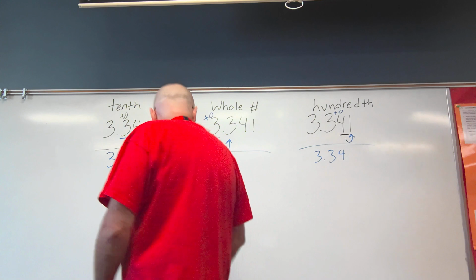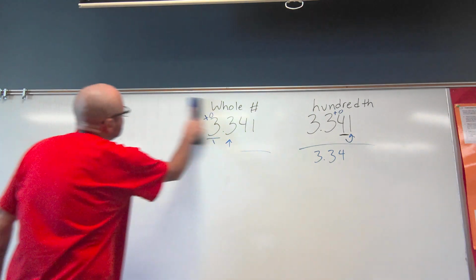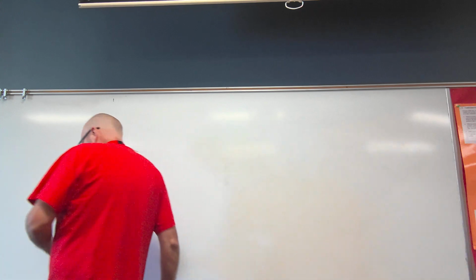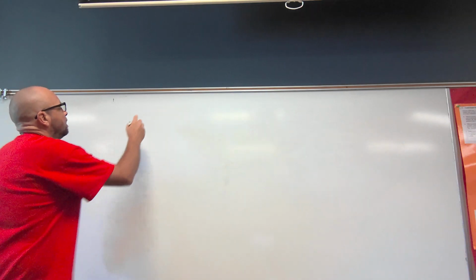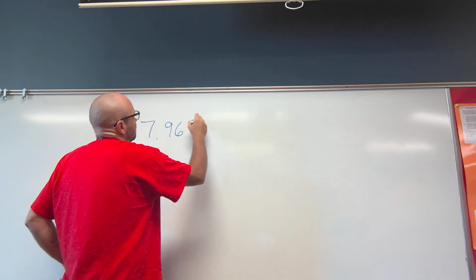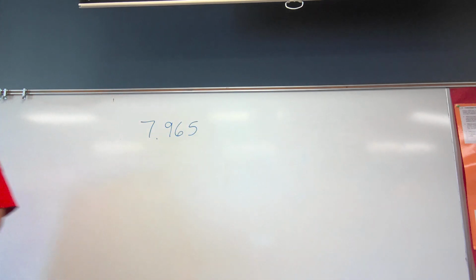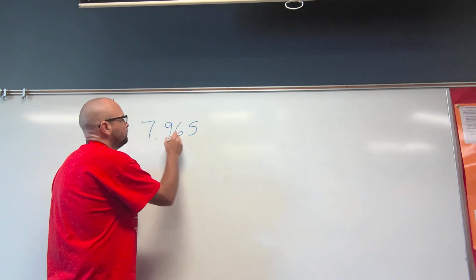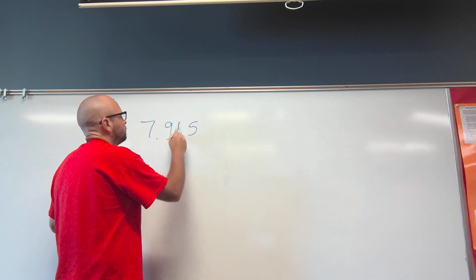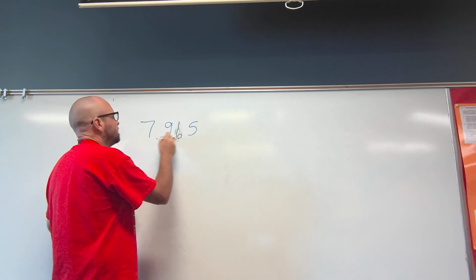Now, why does Mr. McMurdo say add 1 or add 0? Let's say we had 7.965. We're going to round this to the tenths place.